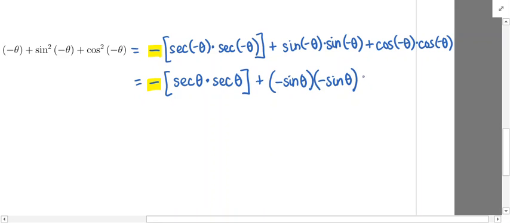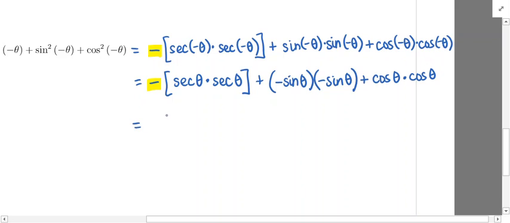Then we're adding the cosines here. Cosine is an even function, so the negative sign gets absorbed. The cosine of negative theta is the same thing as the cosine of theta. Negative arguments are gone.